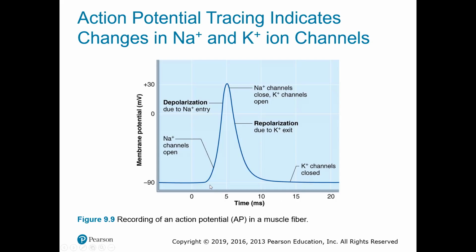So the whole depolarization and repolarization event lasts for about 7 milliseconds, which is faster than we can comprehend, because to us, a muscle contraction is instantaneous. We can't comprehend 7 milliseconds. That's 7 thousandths of a second.